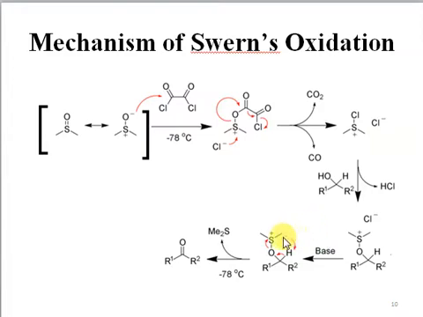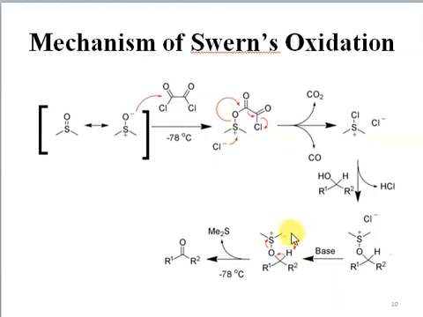When the base picks up this proton, we'll get a carbon which will be negatively charged here, right? So we got a negative charge on this carbon of the methyl group. Now this negatively charged carbon will act as a base and pick up a proton from this alcohol part, right?